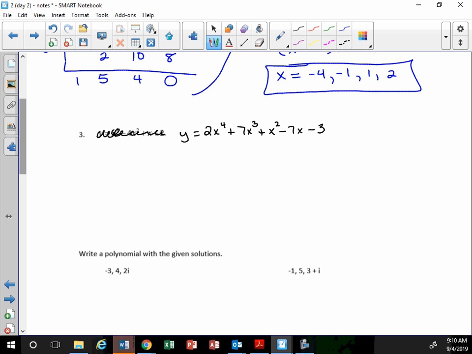This one, don't forget that PQ list. Remember, it's plus or minus all of those numbers.